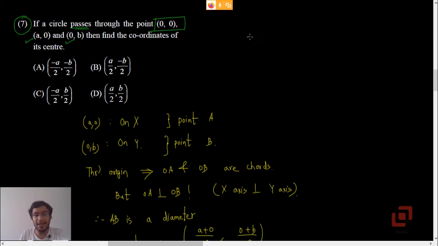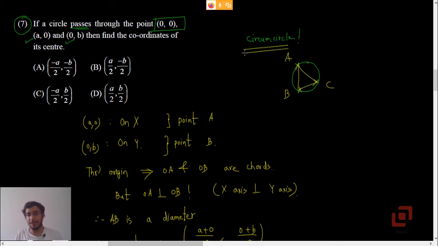So the circle acts as the circumcircle. If we have 3 points, there is a unique circle which passes through all 3 of them, and we call the circle the circumcircle of the triangle.